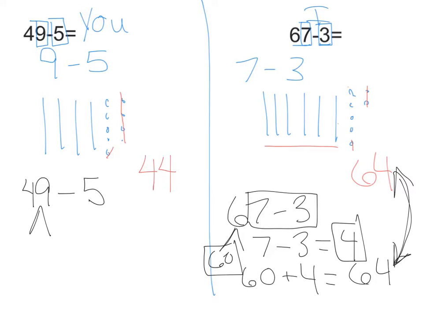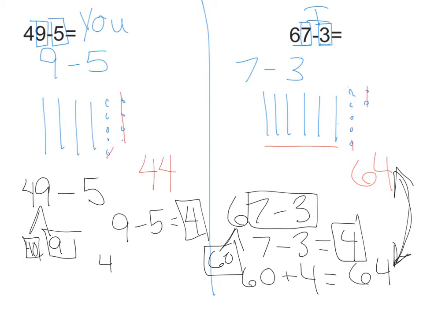Okay, if you split 49 into tens and ones, you should have 9 and 40, because you know that 40 plus 9 equals 49. I can do 9 minus 5, which equals 4. Now I take my 4 and my 40, and I'm going to add them together. 40 plus 4 equals 44.